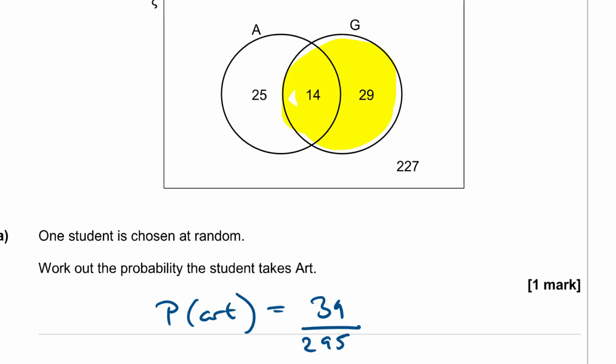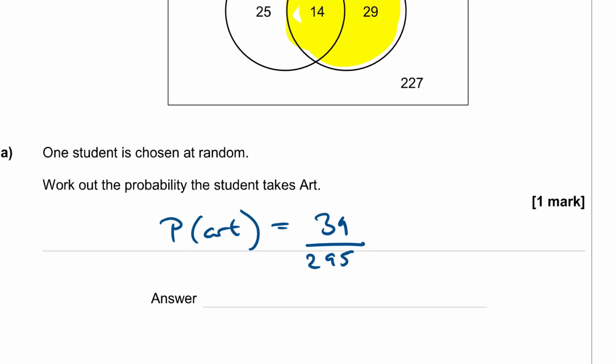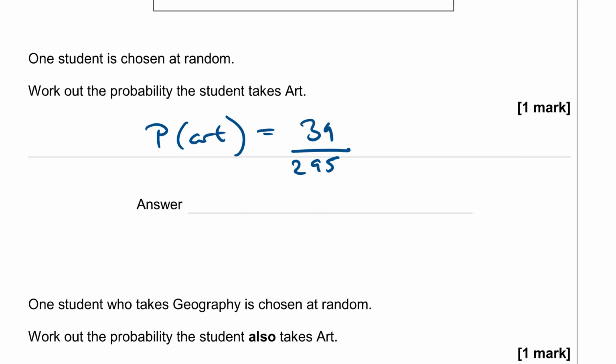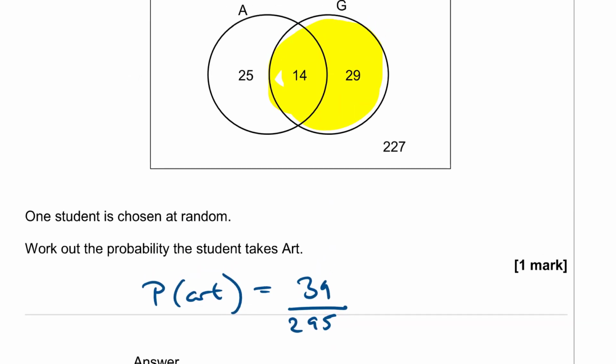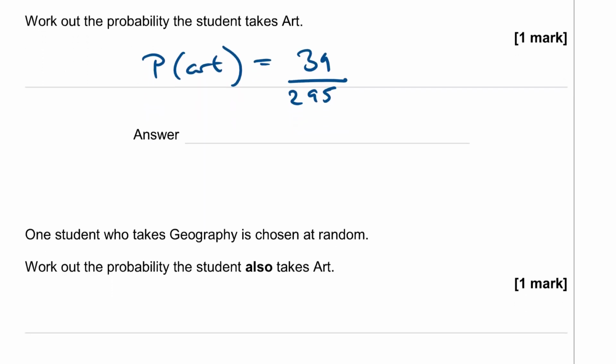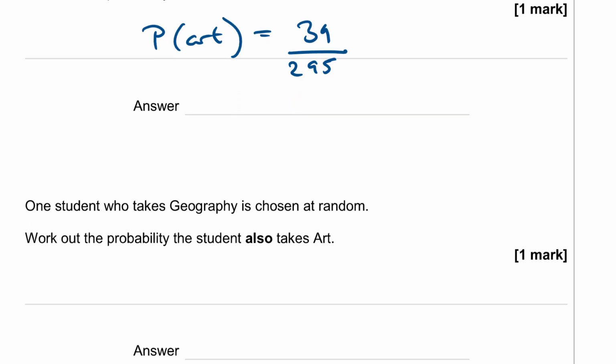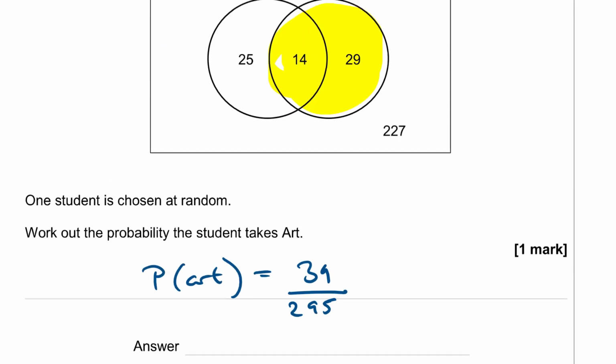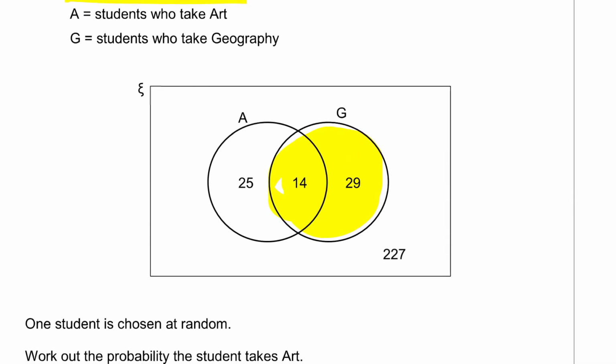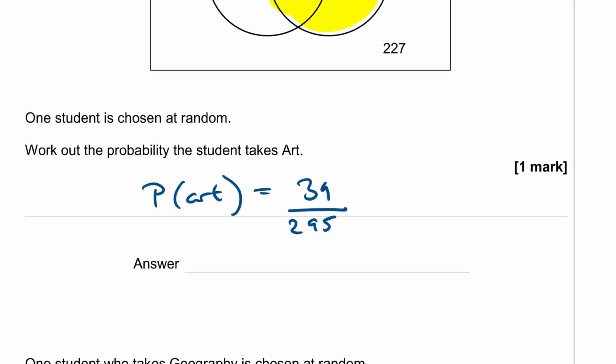So we're selecting from 43 students, and we're asked the probability that the student also takes art. So those 14 students then who take art also. So the probability of art given geography is going to be our 14 students out of our 43 students.